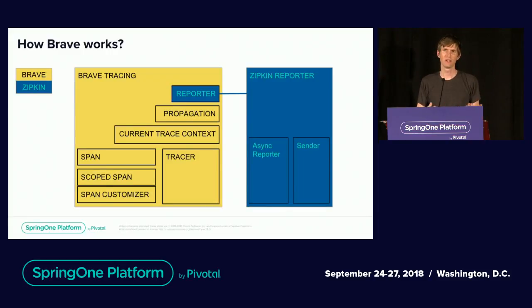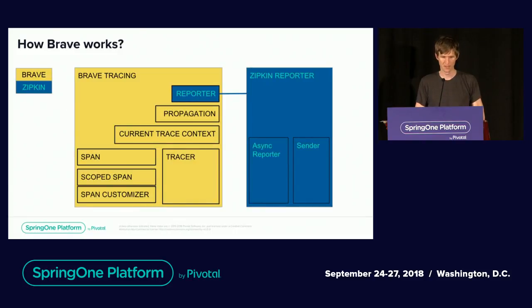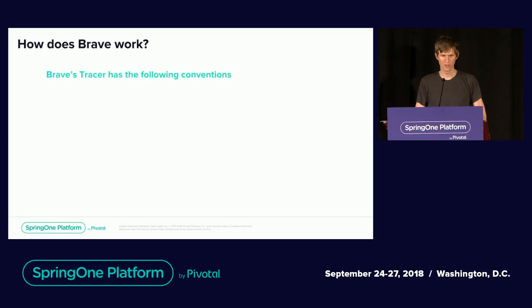But there are different libraries that have different mechanisms that might be more efficient than a thread local, so that's all pluggable. And you saw the span API. We also have the scoped span one, which is kind of like a 2-for-1 for simple synchronous code, which basically looks like that, but you don't have this span and scope thing because it does that at the same time. And so yeah, that's how the library works.